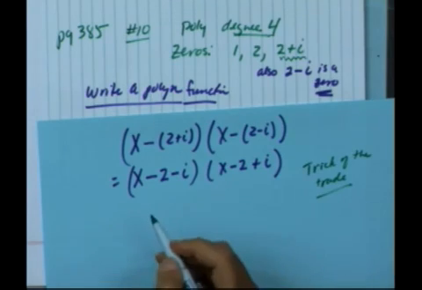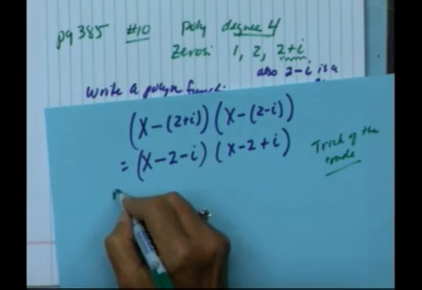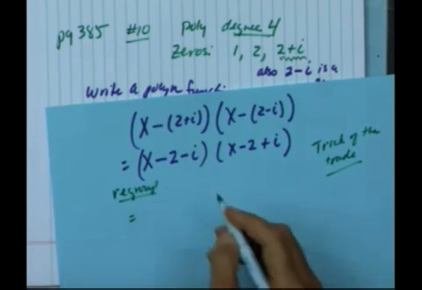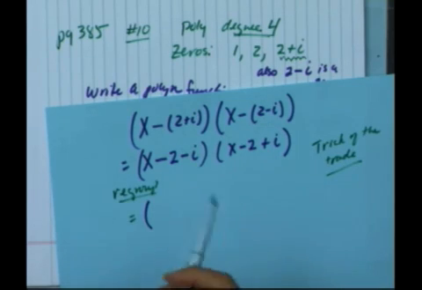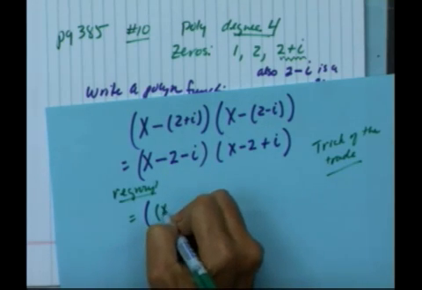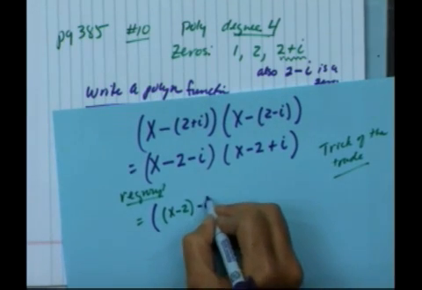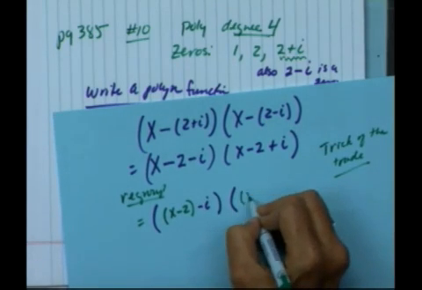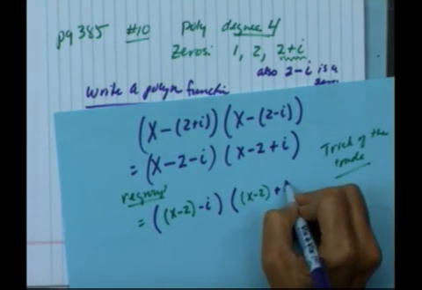But the little trick of the trade that makes this easier is to regroup. So now we're going to regroup and write this as parentheses x minus 2 minus i. Now nobody's telling you that you have to do this; I'm just going to tell you this makes life easy. And x minus 2 plus i.